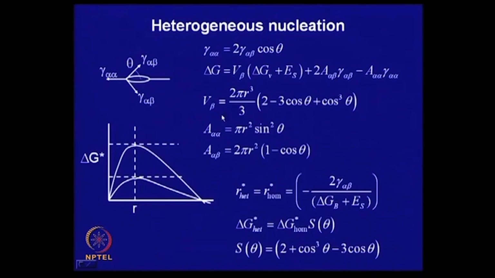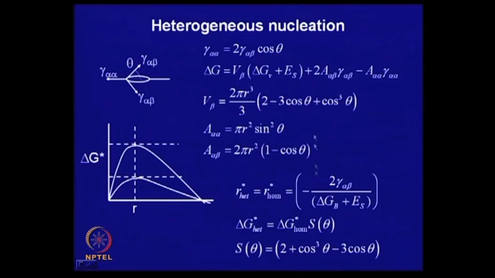Now, you can also easily find the volume of the double spherical cap which is given here. A alpha-alpha, that means the area of this circular shape, is what disappears, and the new alpha-beta area which is created is this.